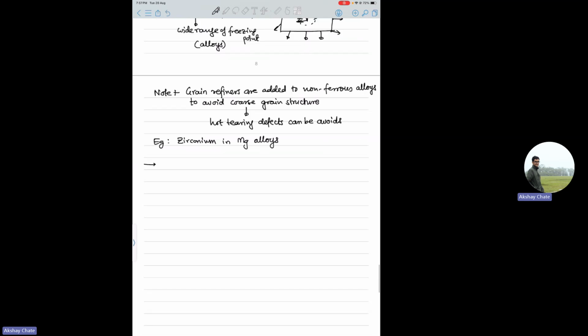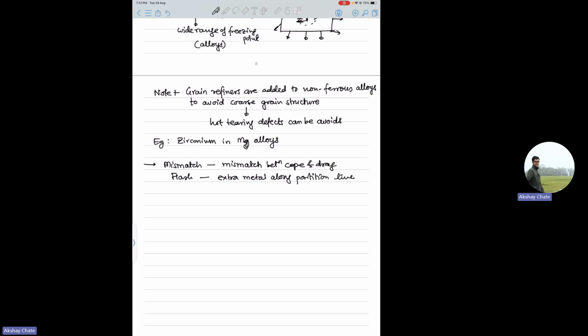Mismatch is nothing but mismatch between cope and drag. Sometimes there is something called flash, which is extra metal along the partition line. These are miscellaneous ones. They don't come under specific categories.